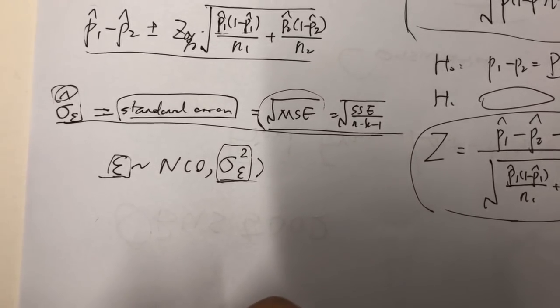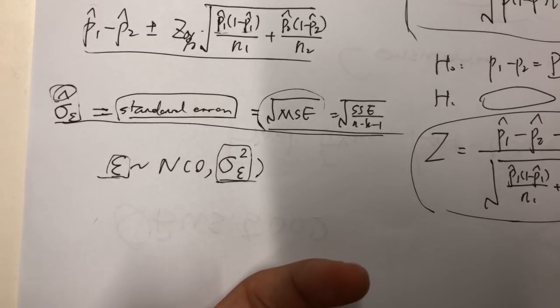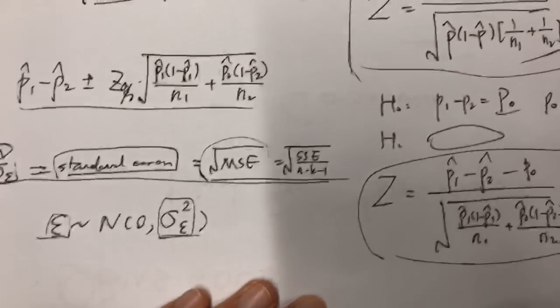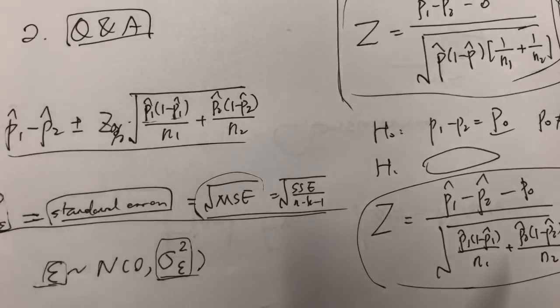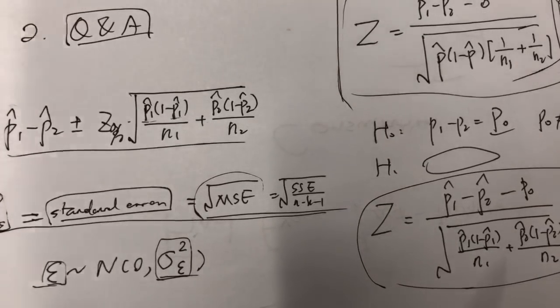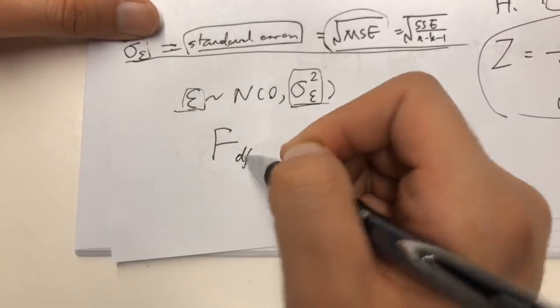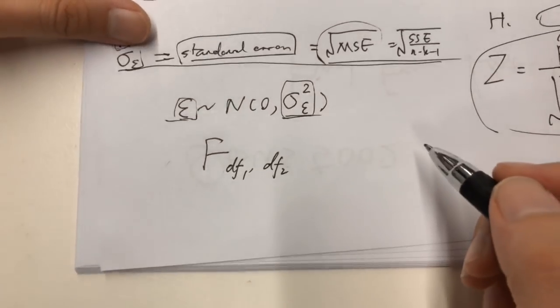VN is asking, can you please demonstrate how to look up the critical values of the F distribution and which numbers to use for the numerator and denominator degrees of freedom? I don't have an F table on hand, but the numerator's degrees of freedom is generally the first degree of freedom, and the second one is the second degree of freedom.